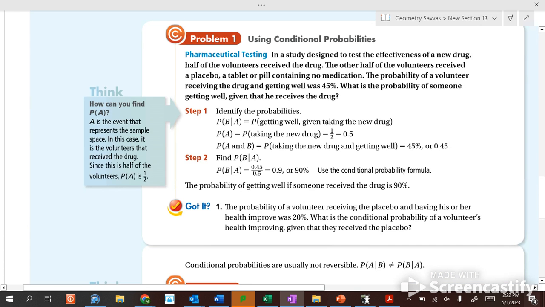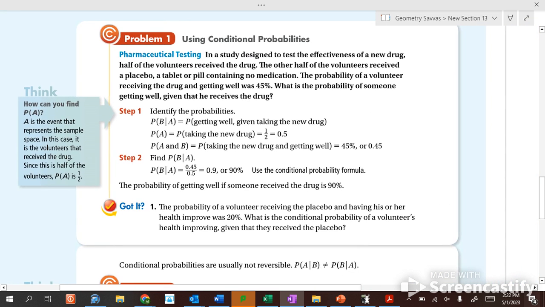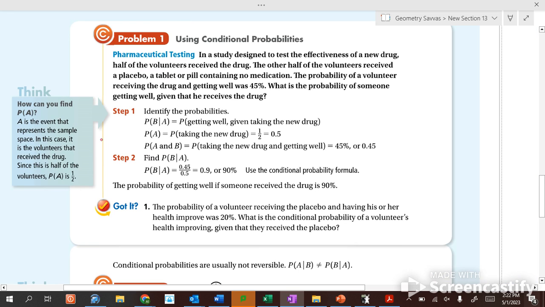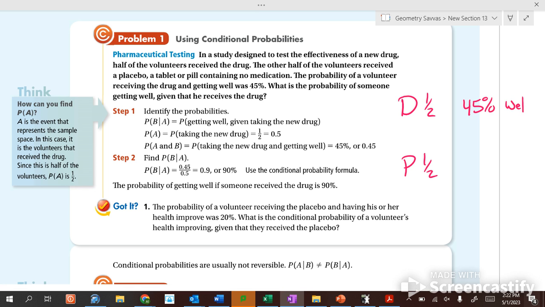In a study designed to test the effectiveness of a new drug, half the volunteers received the drug, the other half received the placebo. So the drug is half the people, the placebo is half the people. Okay? If the probability of a volunteer who received the drug getting well was 45%, what's the probability of someone getting well given he receives the drug? 45% of all the people in the study got better if they received the drug.